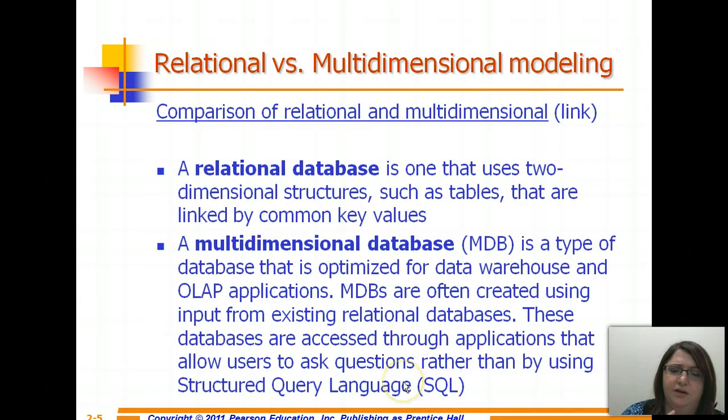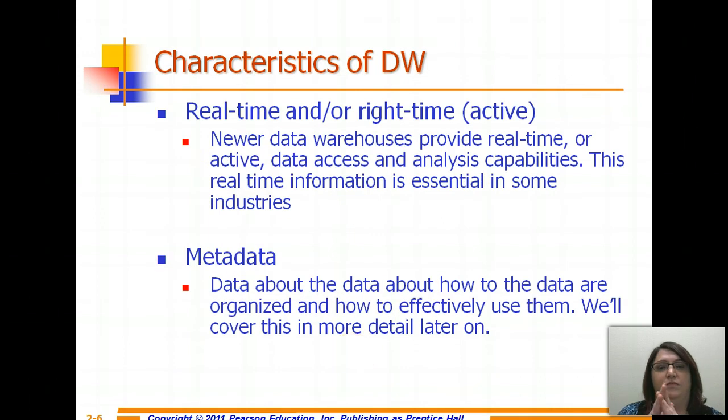They're often created using input from existing relational databases. So they'll use the relational databases. They allow you to ask questions rather than having to query the database using a programming language, which is useful to users who may not understand the programming language. So it creates a more usable system that can be accessed by almost anyone.